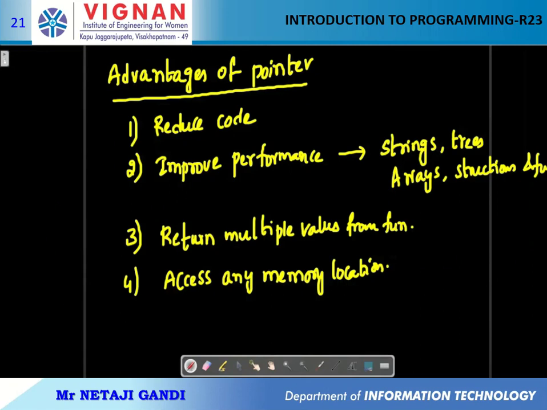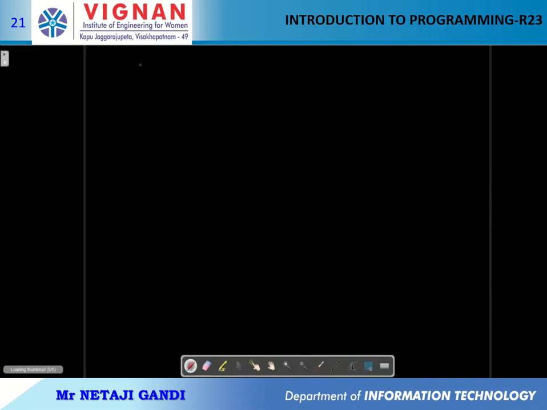So now let us write a sample program using pointers, okay. First I'll perform swapping of two numbers without using a third variable, but I will use the concept of pointers here, okay.